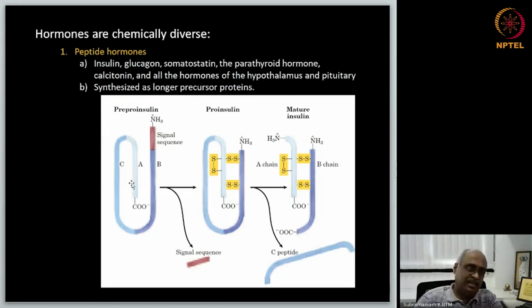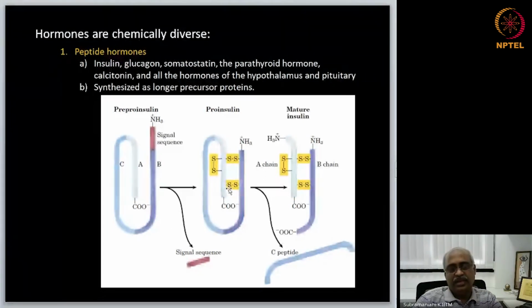So similarly here insulin, for example, is produced as pre-proinsulin, and in that you have an N-terminal signal peptide of 23 amino acids that helps in anchoring into the membrane, and that is cleaved to generate proinsulin. Okay, and in that process these disulfide bonds are also formed.